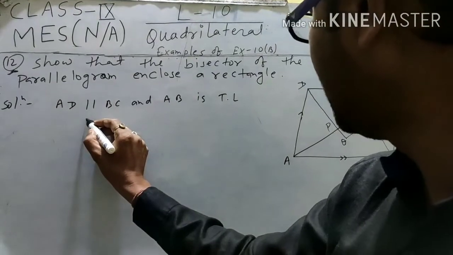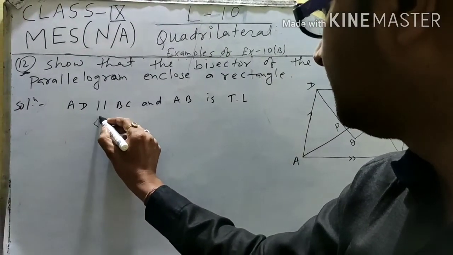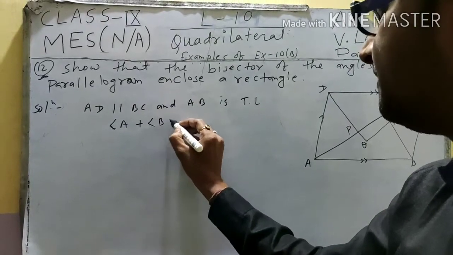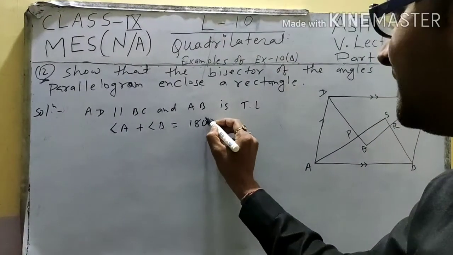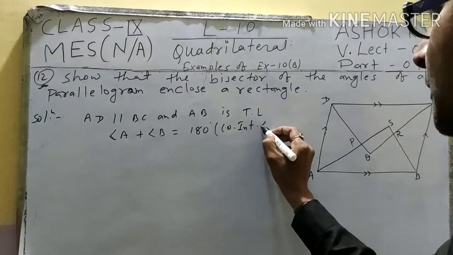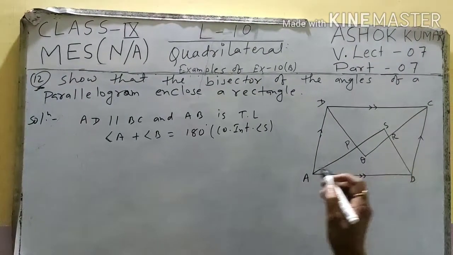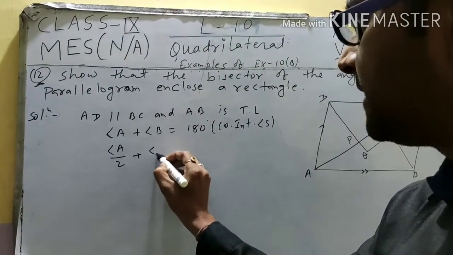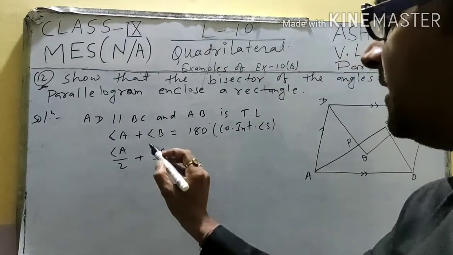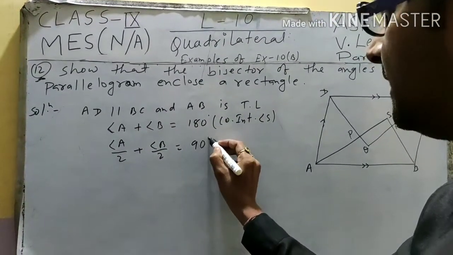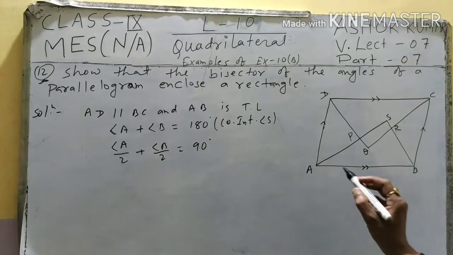So we can write angle A plus angle B is equal to 180 degrees by co-interior angles. Dividing by 2 on the LHS as well as the RHS, angle A by 2 plus angle B by 2 is equal to 90 degrees.